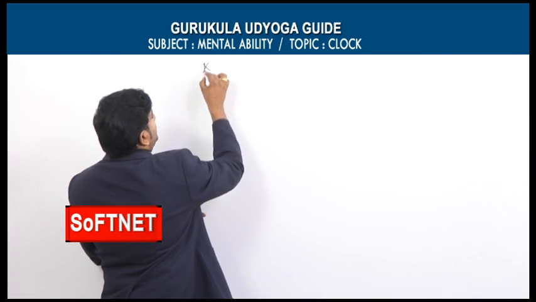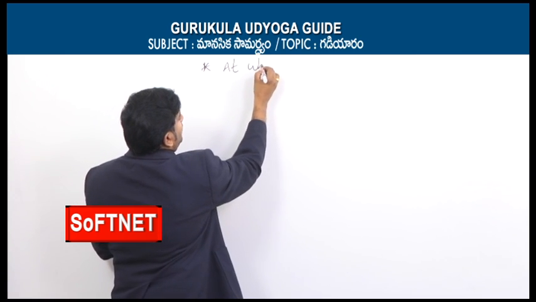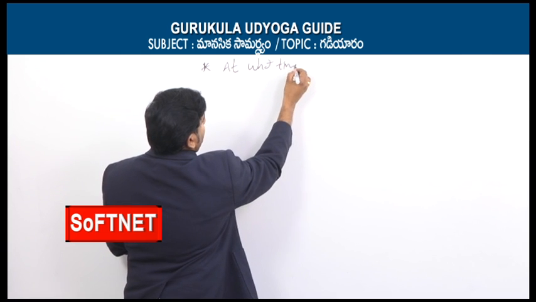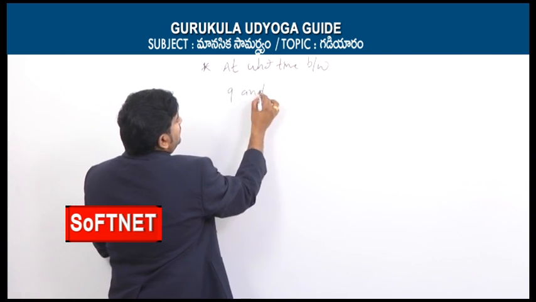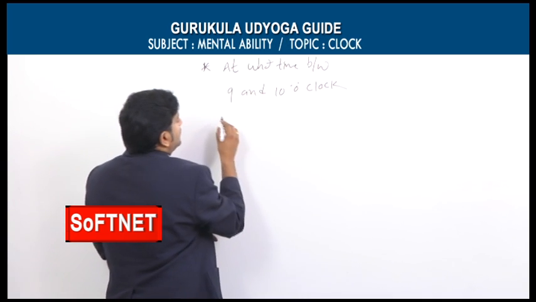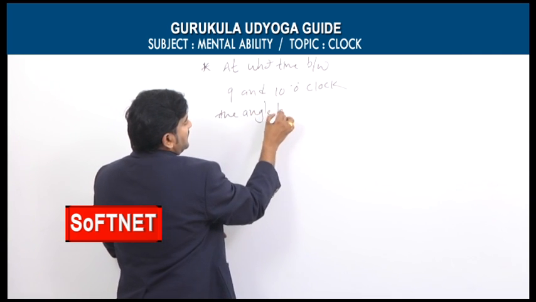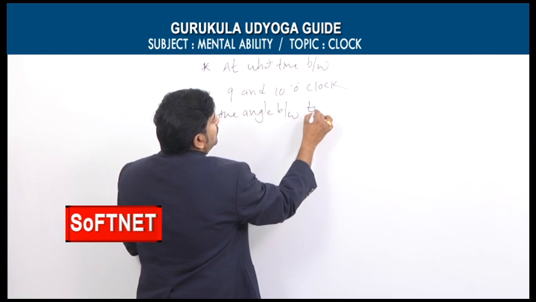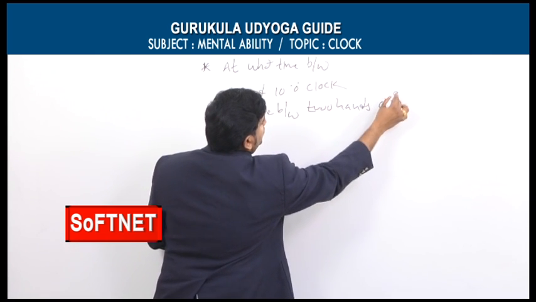We will discuss the second question. The second question is, for example, at what time between 9 and 10 o'clock is the angle between the two hands 0 degrees?